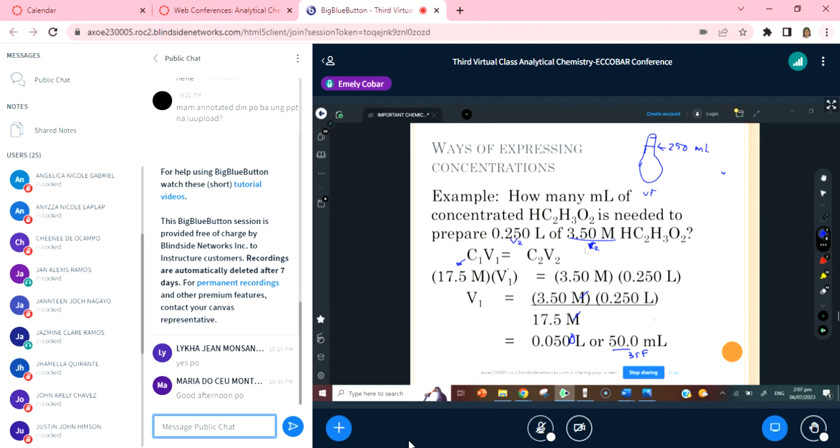So, lalagyan mo muna ng water. So, half fill with water, distilled. Then, saka mo ilagay ngayon yung 50 ml na acetic acid. Then, after that, medyo iswirl mo muna. Then, you add more water up to the mark. That's how you prepare. Okay?